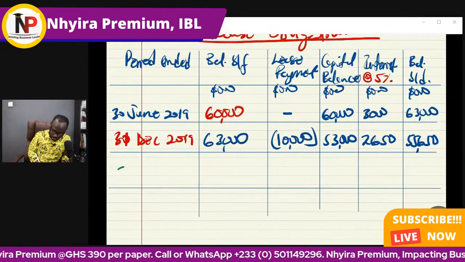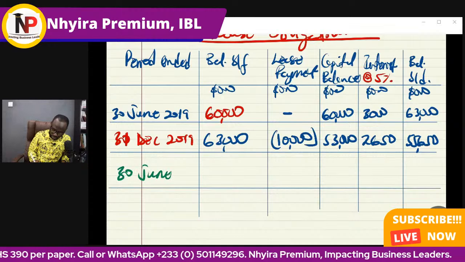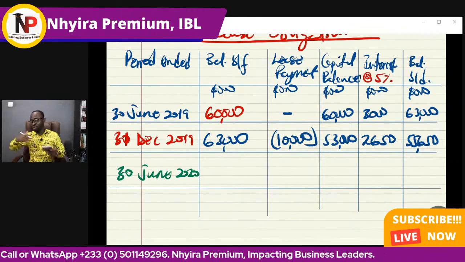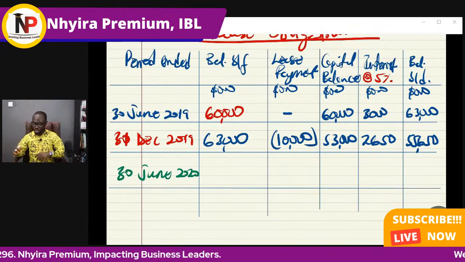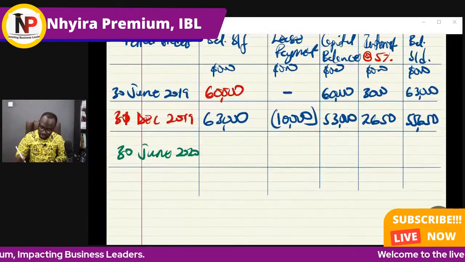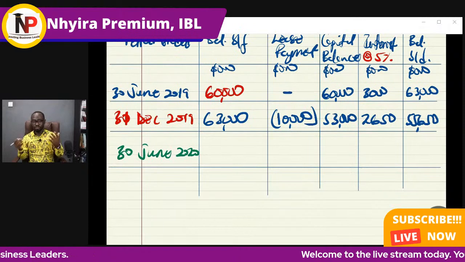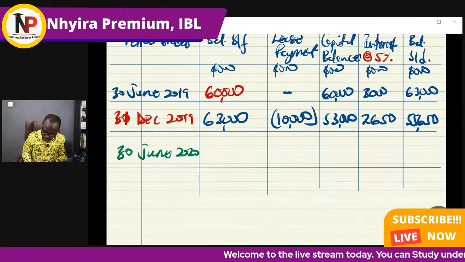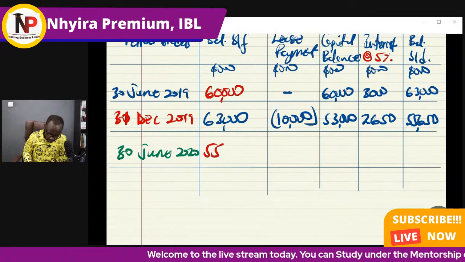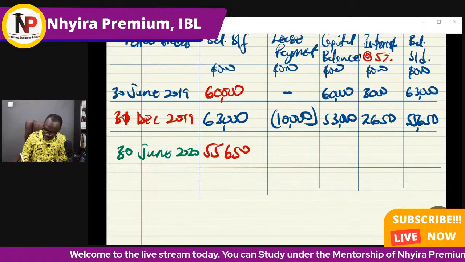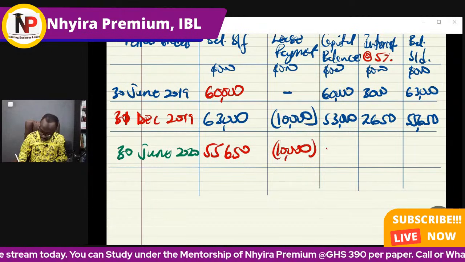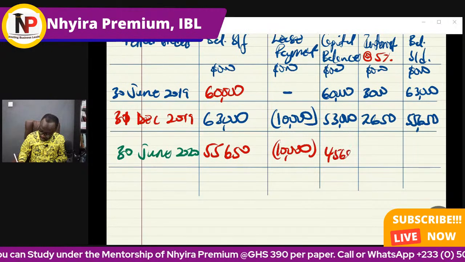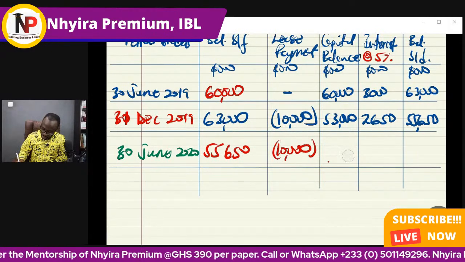Then you come to 30th June 2020. So we will do another period like that, just to help us split between current and non-current in that case. So 55,650, we less the 10,000 coming in, we get 45,650.